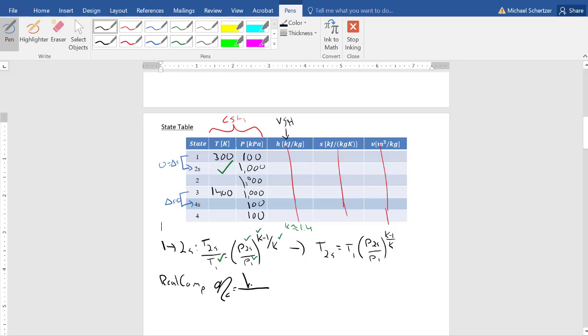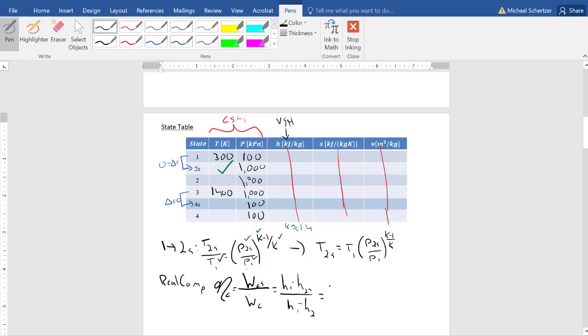So here, the ideal compressor is going to go on top, and the real compressor is going to go on the bottom. So now, because the mass flow rates are the same, this is going to be H1 minus H2S divided by H1 minus H2, except now we've already said that this is going to be a constant specific heat analysis, right?